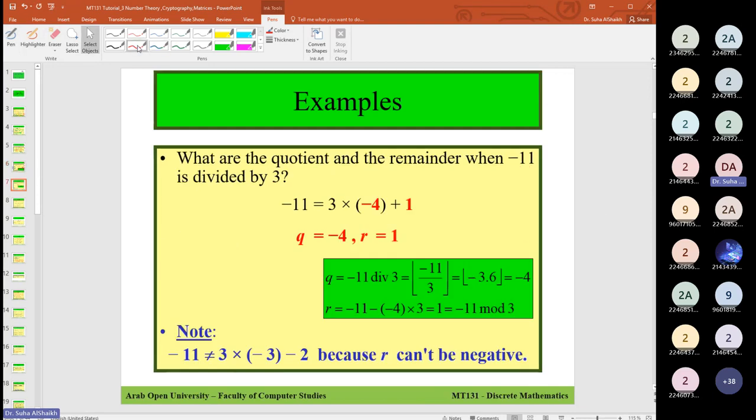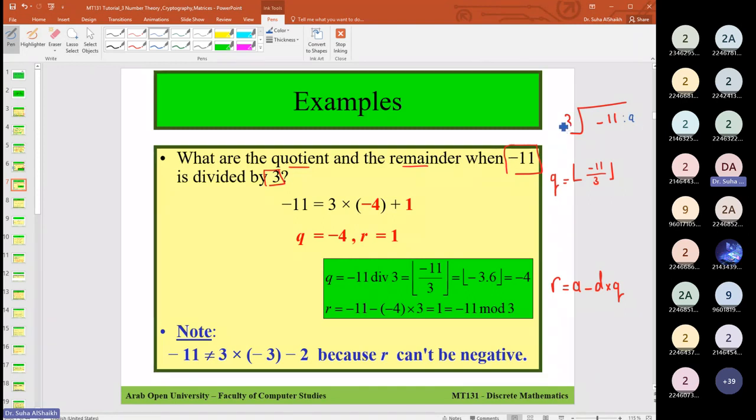I want you to find the quotient and the remainder when you are dividing -11 by 3. So what I'm doing here is dividing -11 by 3. What is the rule? The quotient Q is equal to the floor of -11 over 3, and R is equal to A minus D multiplied by Q. Now, what is A?